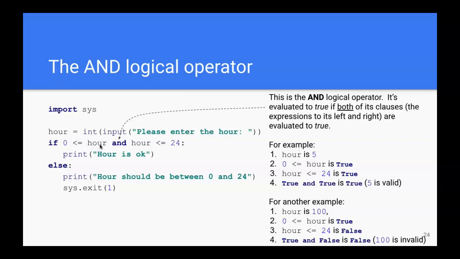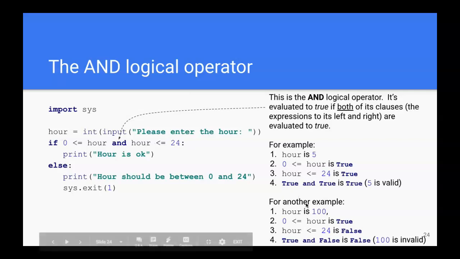When hour is 5, this expression says 0 less than or equal to 5. Well, 0 is less than or equal to 5, so this is true. Look at this one. Hour is 5. 5 is less than or equal to 24, so that is true. So we have true and we have true. So true and true is evaluated to be true.